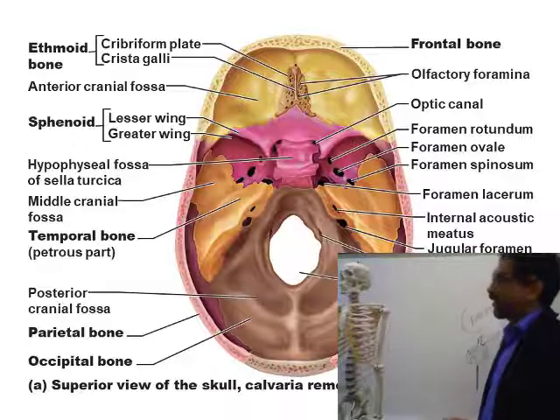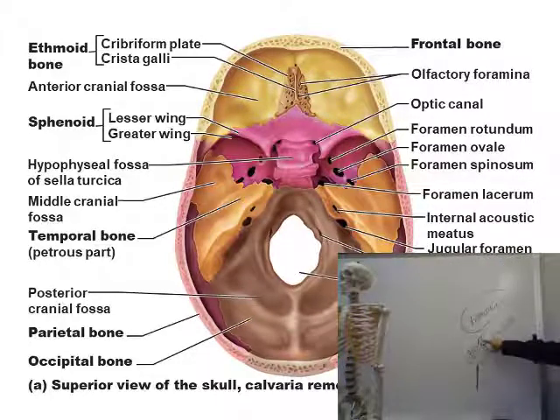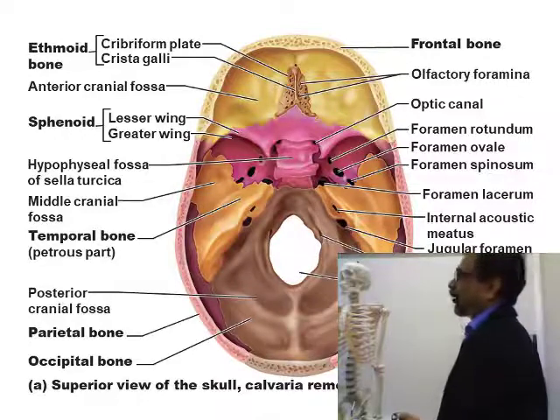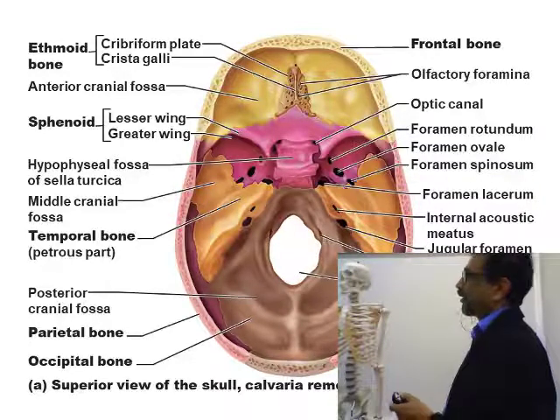Now let's see. You remember the upper middle portion of the ethmoid is the crista galli, this extended part. So you can see the crista galli there. In the top left, you see the ethmoid bone, crista galli.